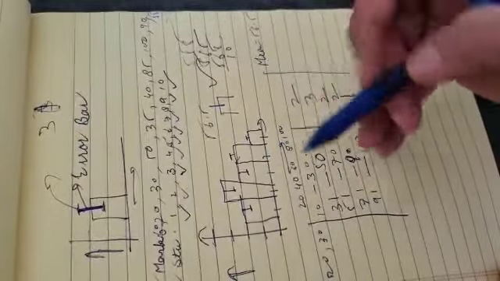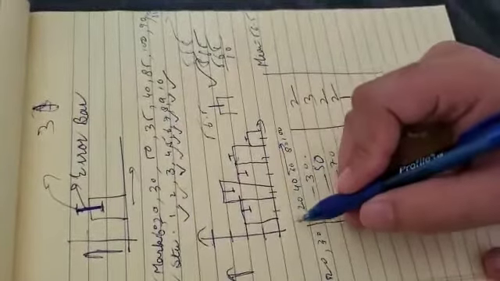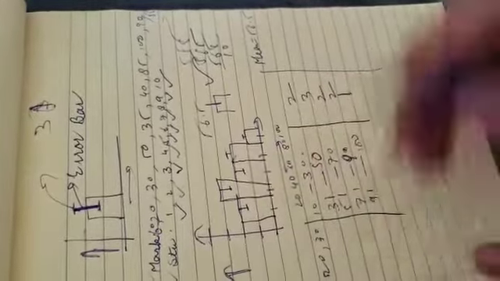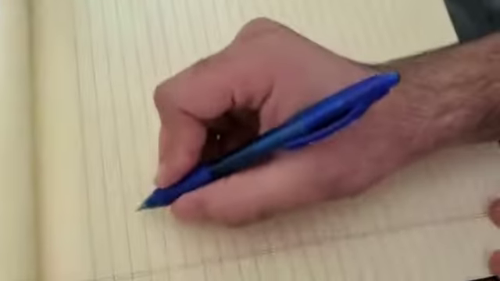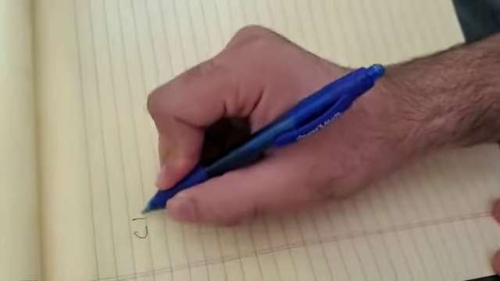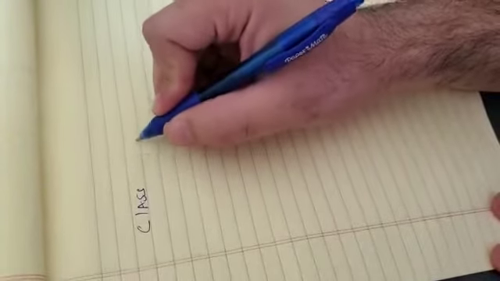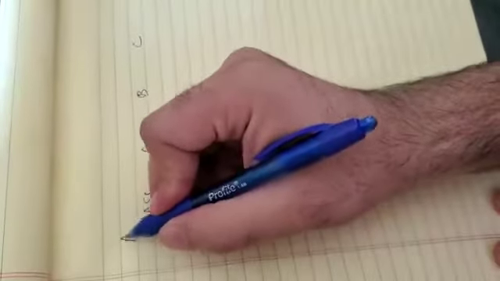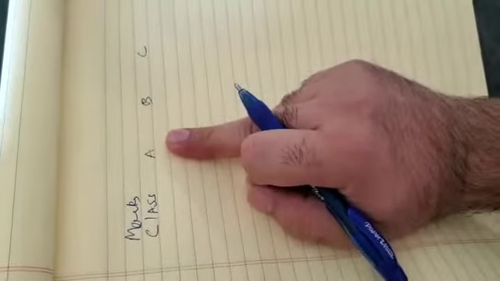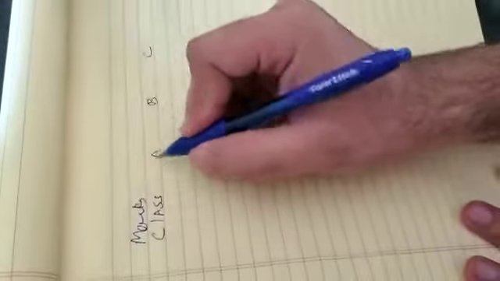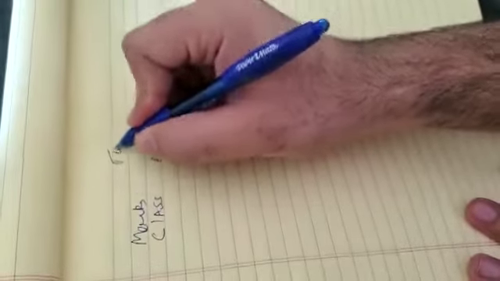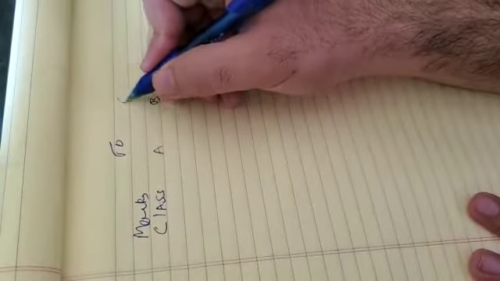Let's say if we have a data set for each class, for example, class A, B and C, and the mean marks of each class, let's say, come out to be 50, I'm just making up numbers, 50, let's say this is 55, let's say this is 52.